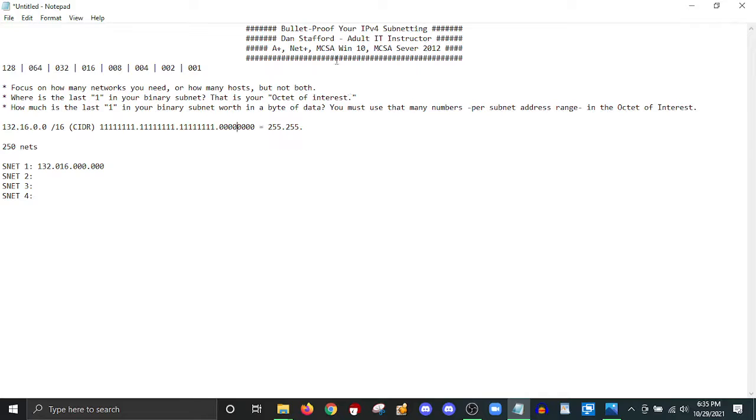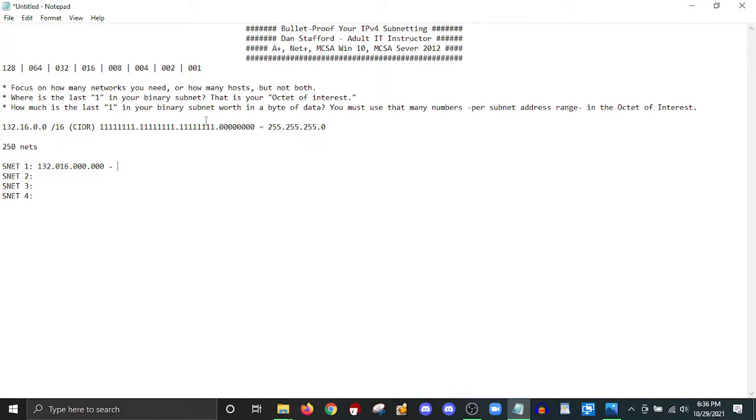Okay. So now I have a subnet mask of, ooh, it looks like a default subnet mask for class C: 255, 255, 255, and 0. So my first address range is going to be what I was given, 132.16.0.0.